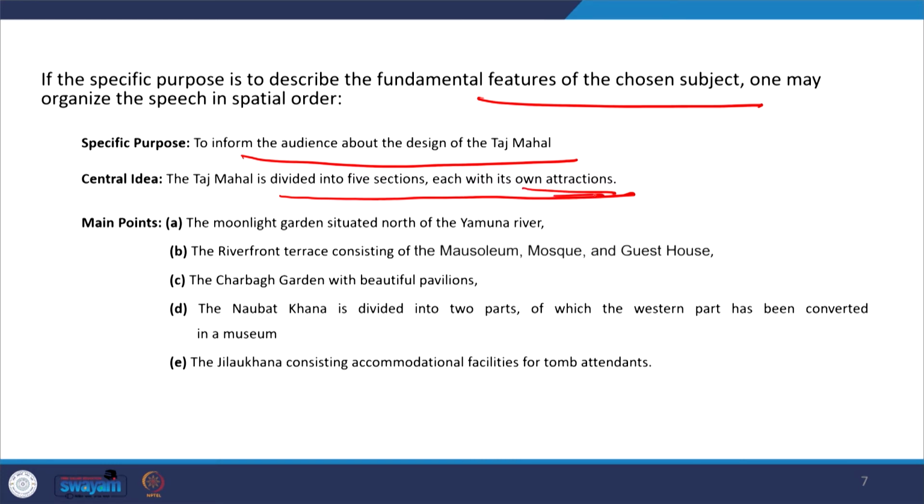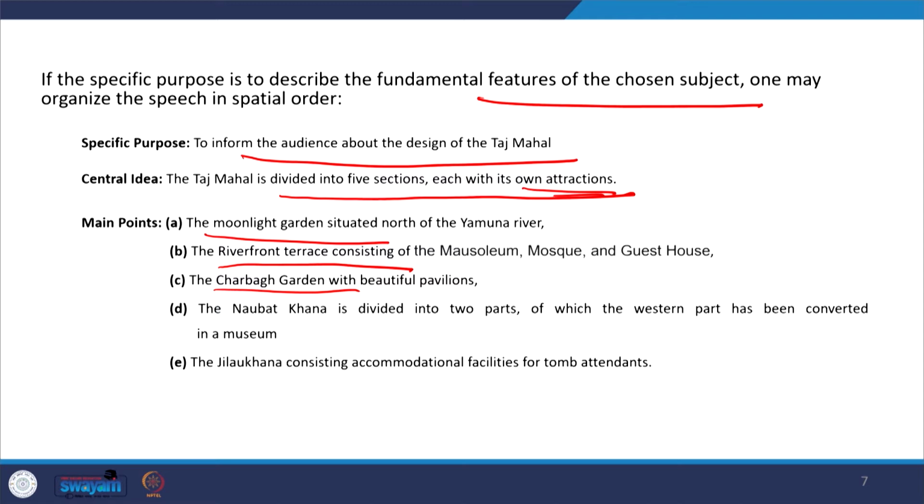So naturally you will talk about the moonlight garden situated north of the river Yamuna, then the riverfront terrace consisting of the mausoleum, mosque and guest house. Then you will talk about Charbagh garden, then Naubat Khana divided into 2 parts, and then Jilau Khana consisting of accommodation facilities for tomb attendants.